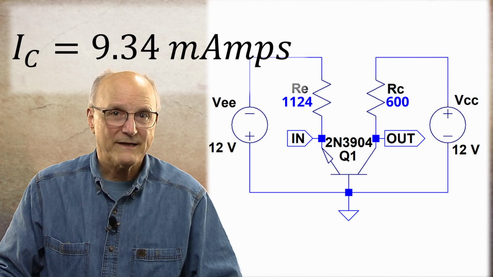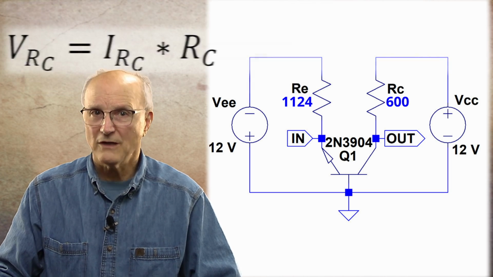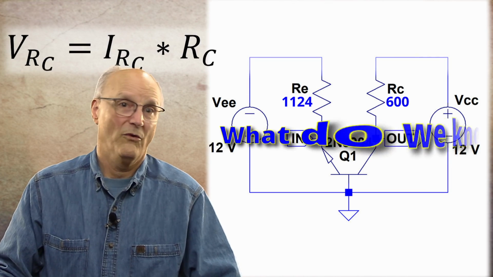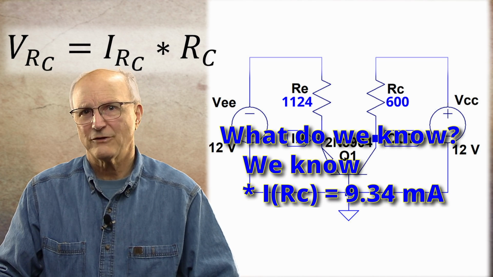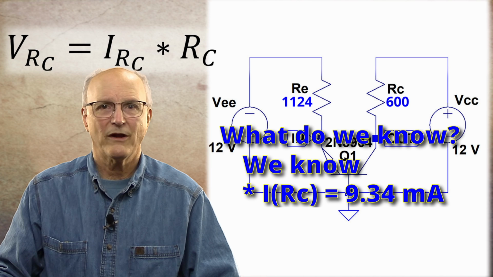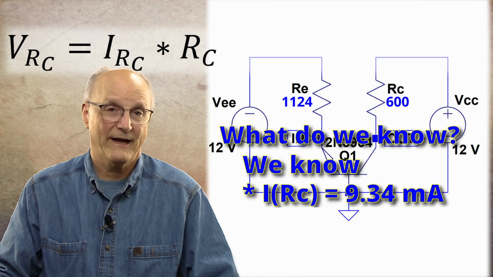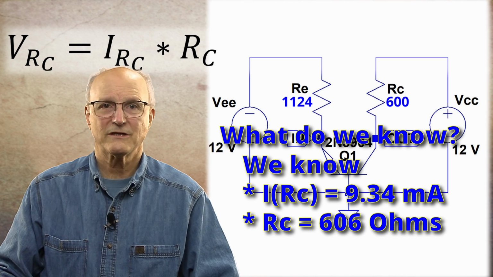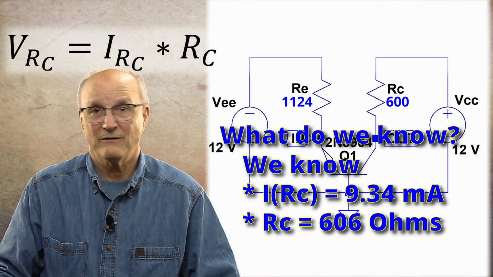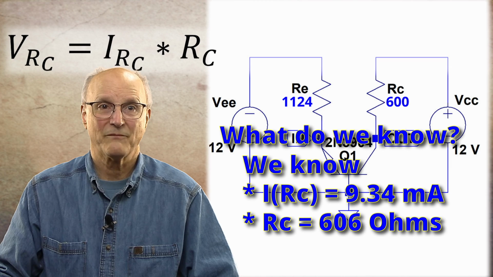Now that we know this, we can go back to our Ohm's law equation. What do we know? We know that the current through the collector resistor is 9.34 milliamps from our last calculation, and we know the value of our collector resistor is 606 ohms, well, because we measured it.